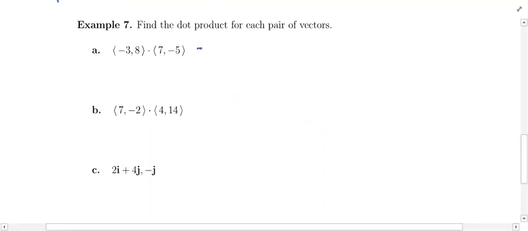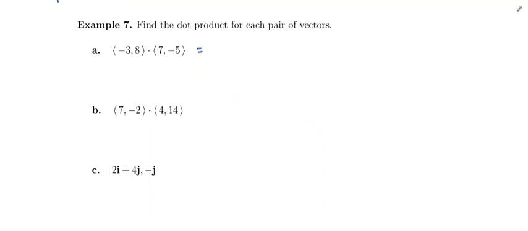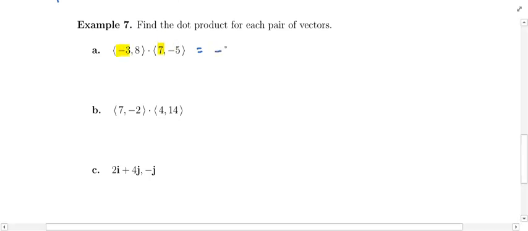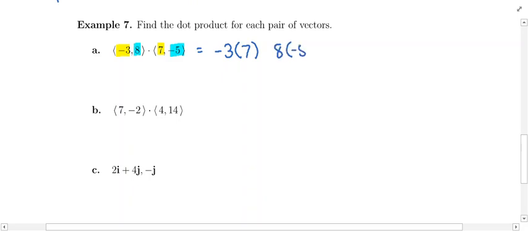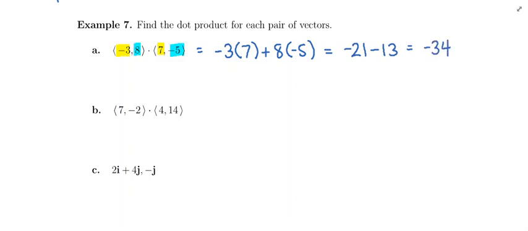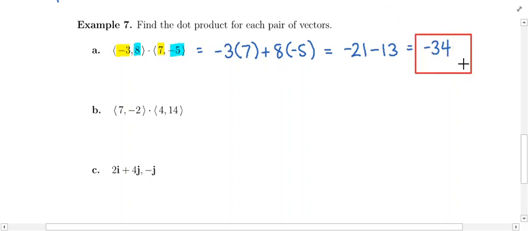To do the dot product, take the horizontal components and multiply them together: negative 3 times 7. Then multiply the vertical components together: 8 times negative 5. Then add the results: negative 21 minus 40, so the answer here is negative 61. The answer is just a number.